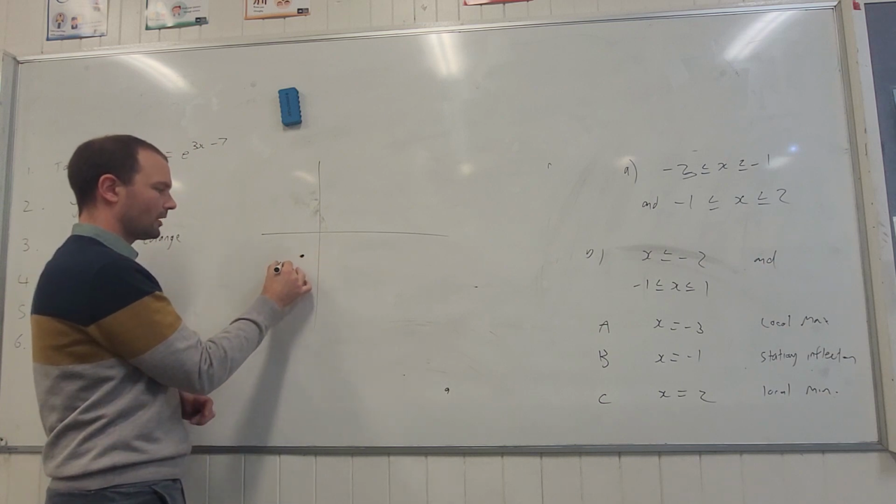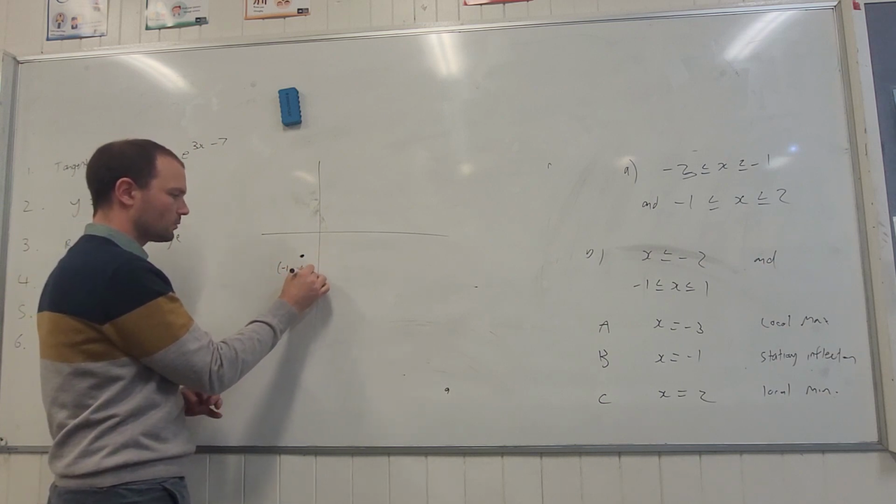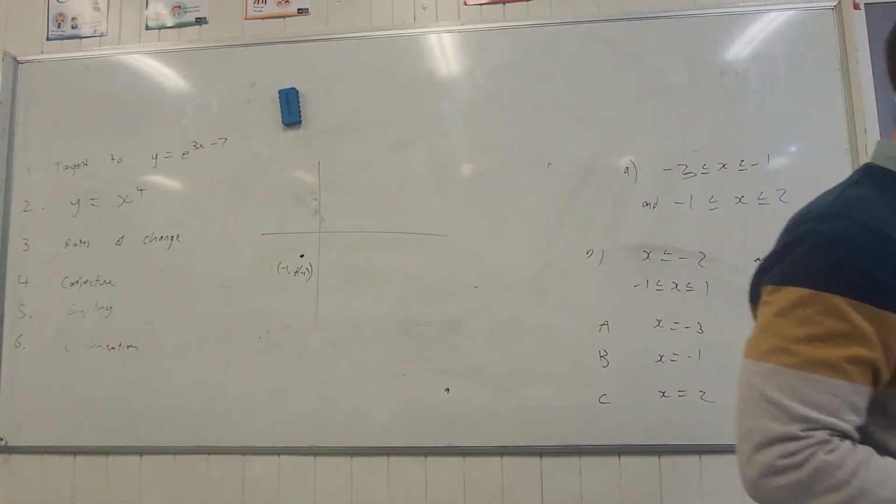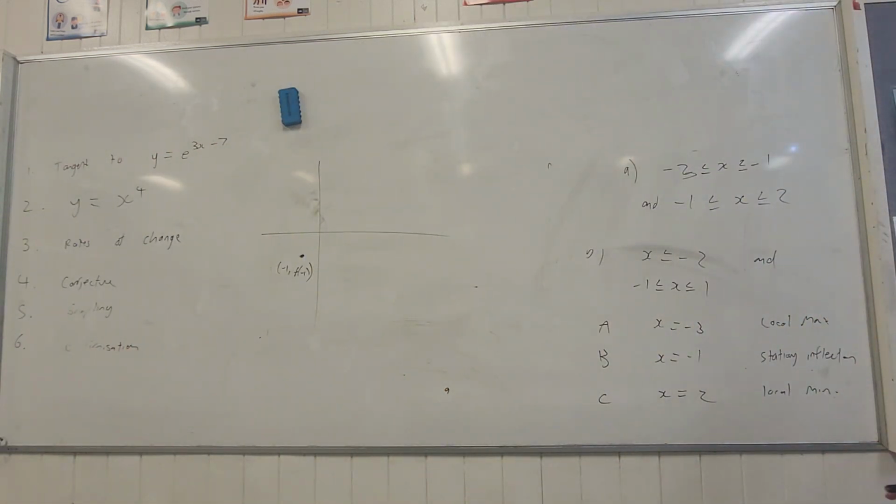Alright, that's that first point, -1, f of -1. And let's look at the information that we got from our table. We have a local max at x is -3. Now we're not told the y value at that point, so we'll have to figure that out.